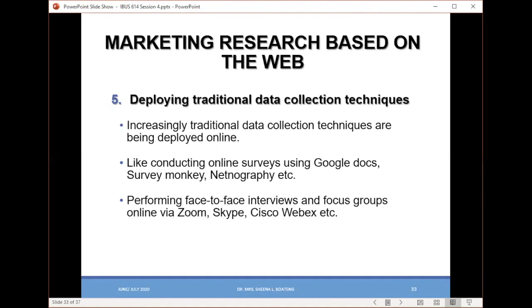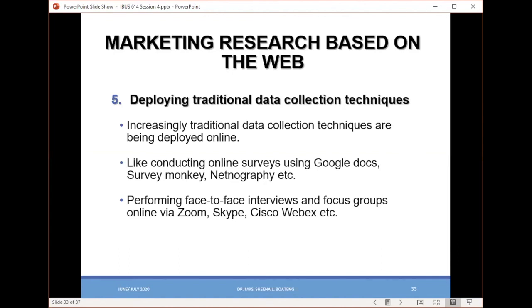And also, it helps to deploy traditional data collection techniques. Previously, without the internet, people had to go through a lot of cumbersome processes and expend a lot of resources to be able to gather primary data. I remember hitherto, if you wanted to conduct a survey in an international country, you had to send the survey to someone who was working there to be able to print out and administer the survey on your behalf, collect the survey, enter the data, and then send the data set back to you.